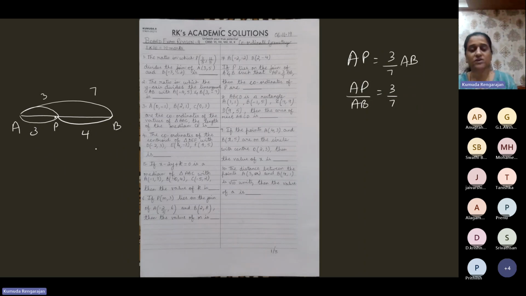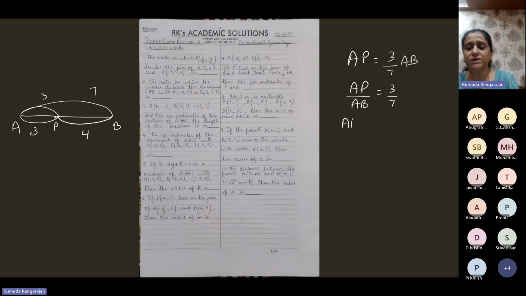So I think you've taken the ratio incorrectly. The required ratio to be used in the section formula is 3 is to 4. We are given AP is equal to 3 by 7 AB, which means AP by AB is equal to 3 by 7.